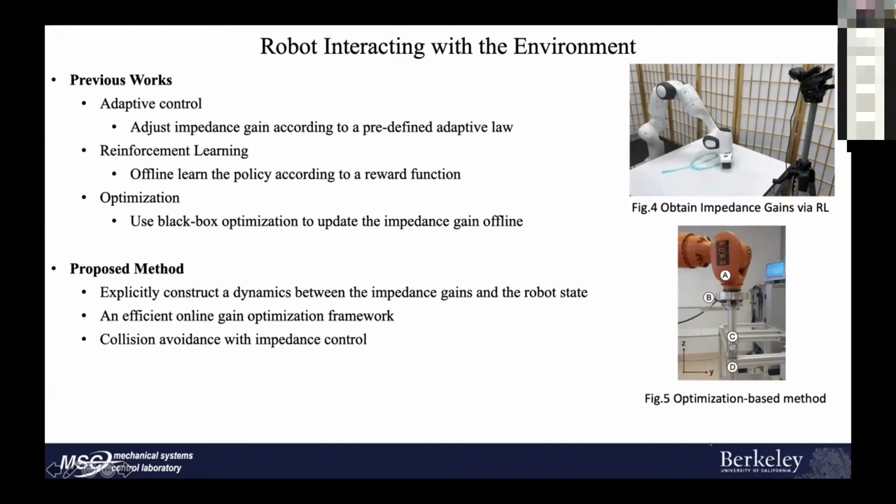If we have the relation like this, we know how changing the impedance gains can achieve the robot's desired behavior. Based on that, we propose an efficient online gain optimization framework to achieve those tasks. And we also consider how to avoid unwanted collisions with impedance control by just tuning those impedance gains.